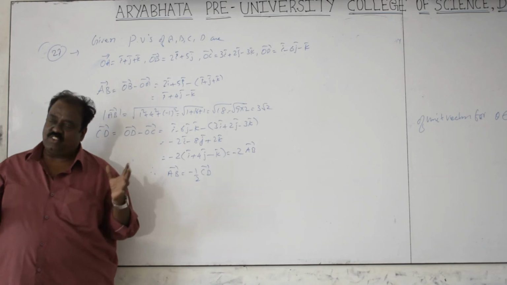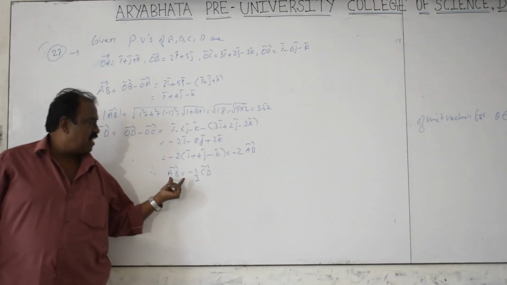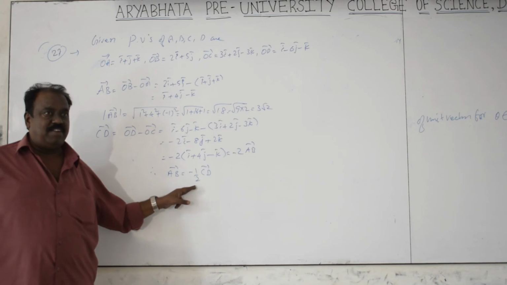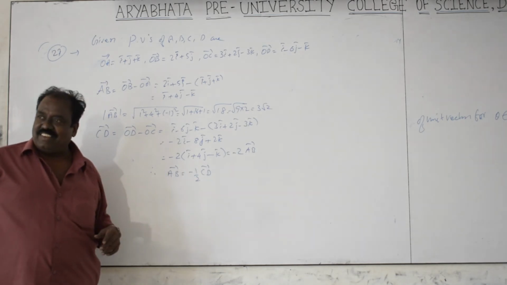Negative is also fine. Here it is very clear: AB bar is minus 1 by 2 of CD bar.